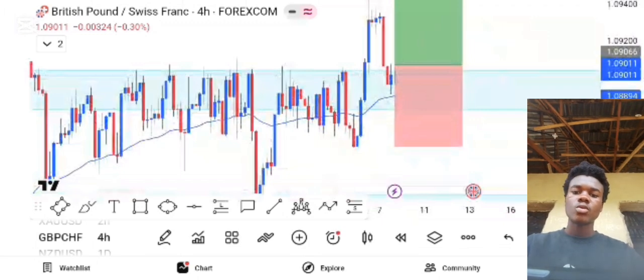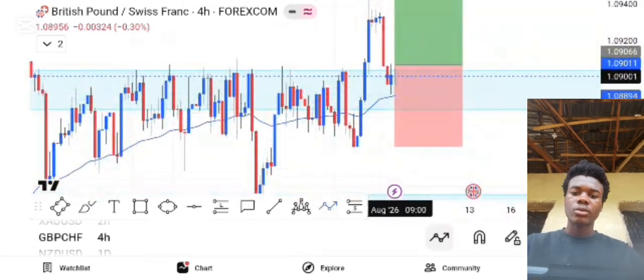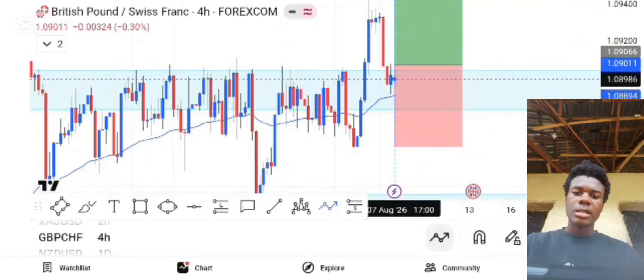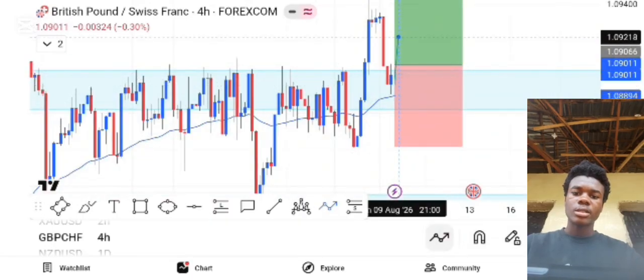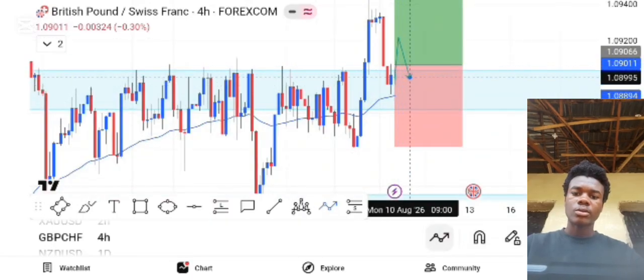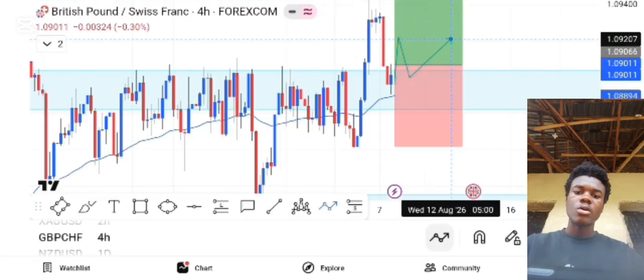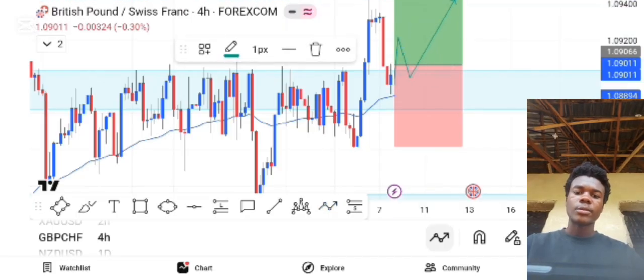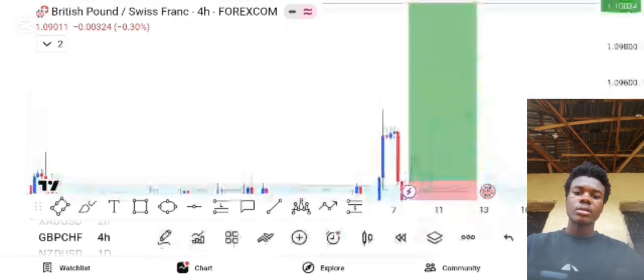So what I'm waiting for the 4-hour to do is something like this. I need a strong break, then come back to retest, then go long. That's what I'm expecting on 4-hour.